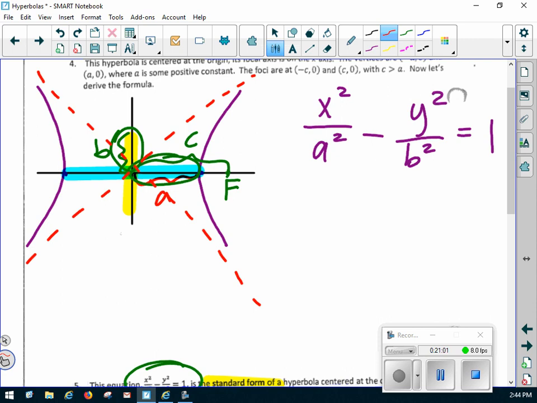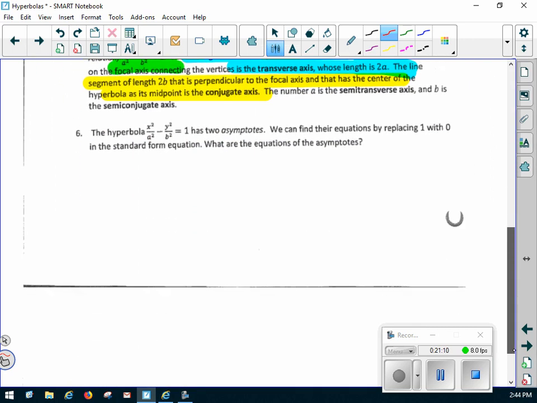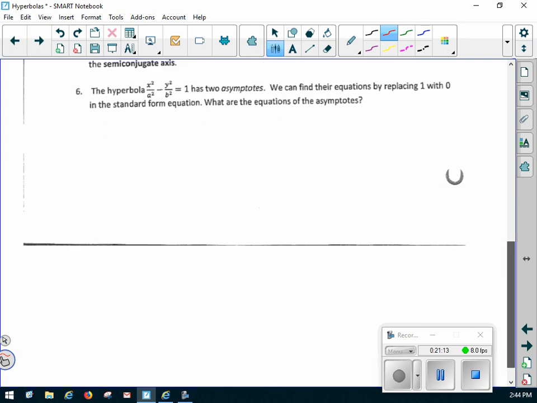How can we find the equations of the two asymptotes? Well, we're going to just substitute a 0 in for that 1. So we're going to write x squared over a squared minus y squared over b squared equals 0. And we're going to solve that equation for y. How would we make that say y equals? Good. I'm going to get y by itself.